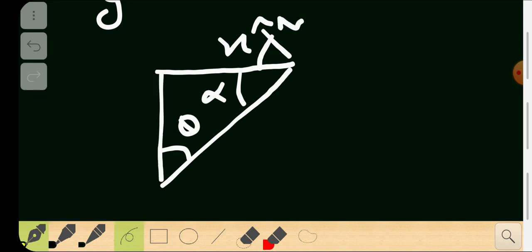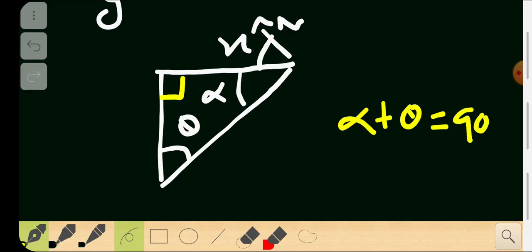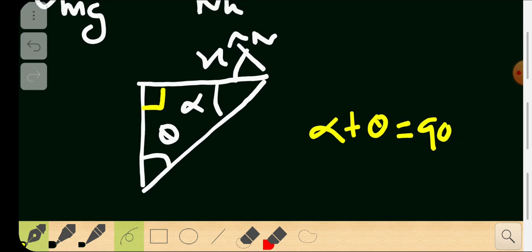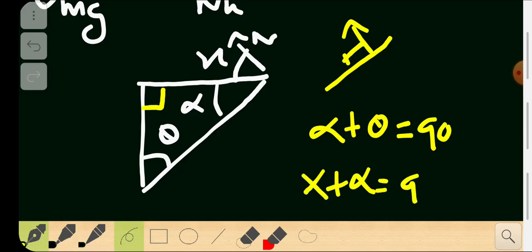Now what I can say is that this is 90 degrees. That means alpha plus theta plus 90 degrees must be equal to 180, so alpha plus theta must be equal to 90 degrees. Also, the normal is perpendicular to the surface, which means x plus alpha must be equal to 90 degrees.